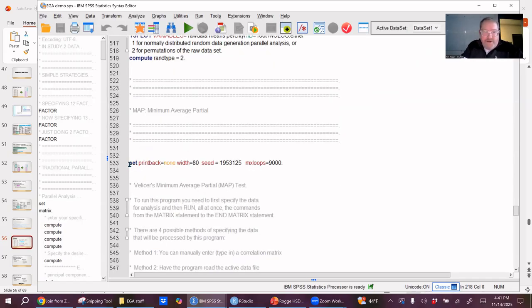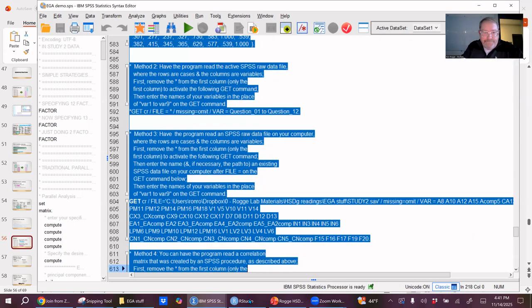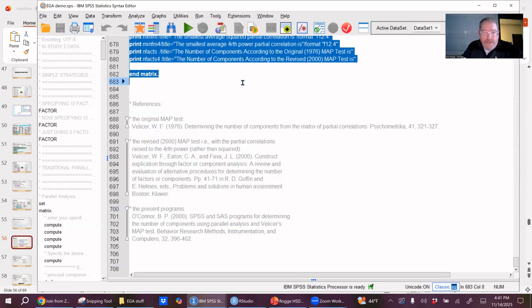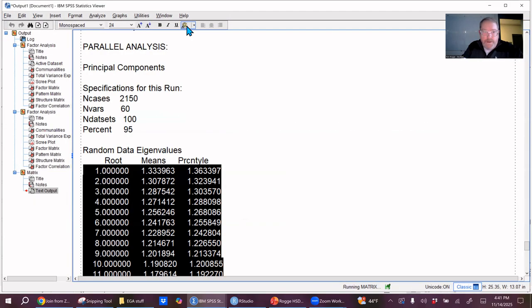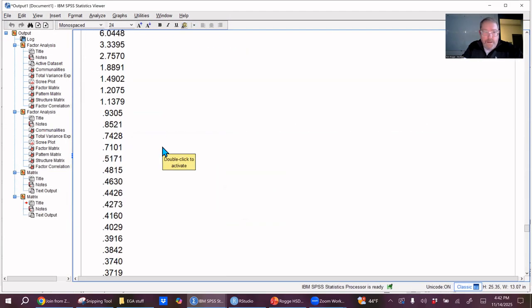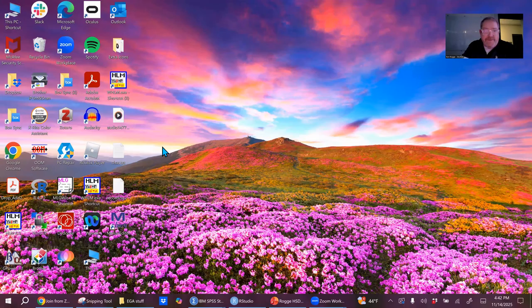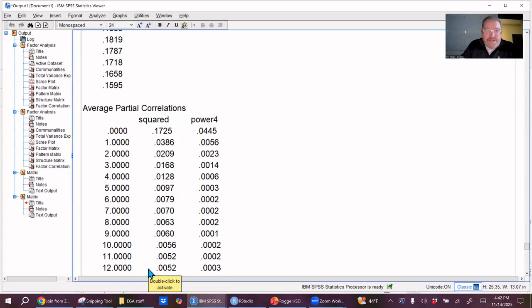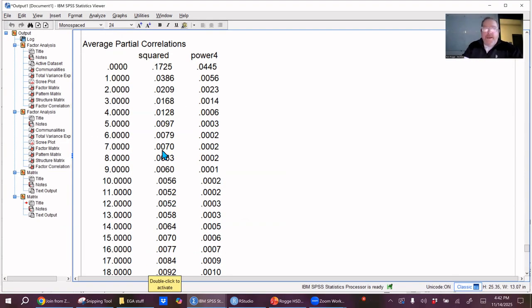But if we start highlighting here in the MAP syntax, and go all the way to the end and hit run, it gives us the eigenvalues from a PCA, and then below it gives us the squared average partial correlations, and the partial correlations raised to the fourth power, averaged.